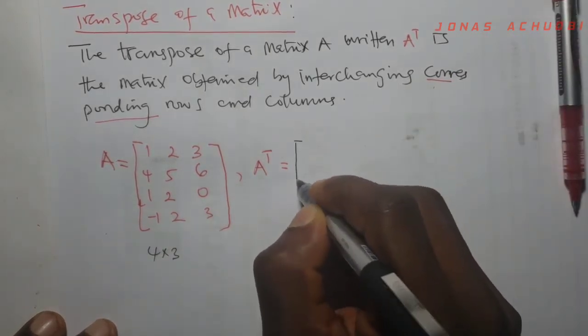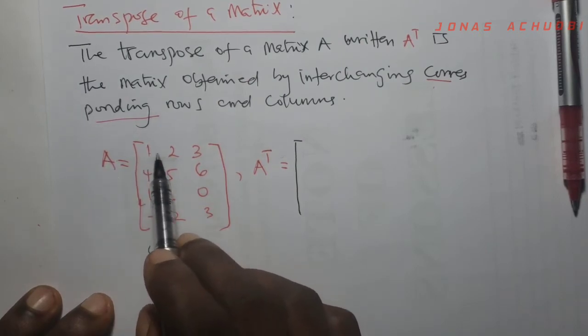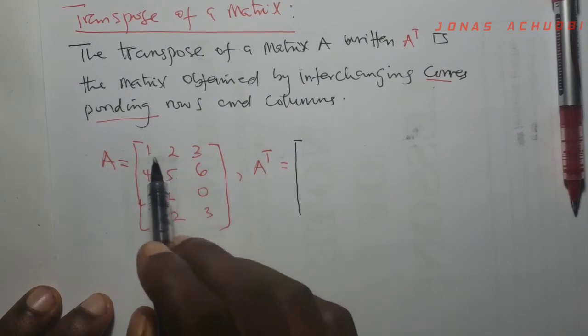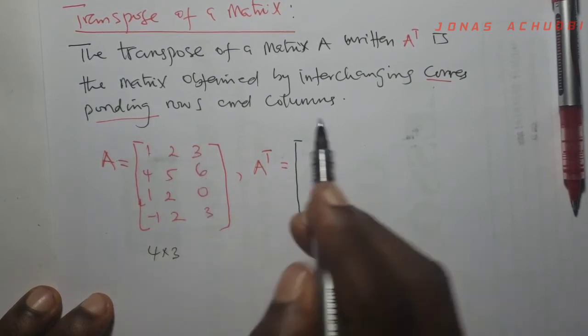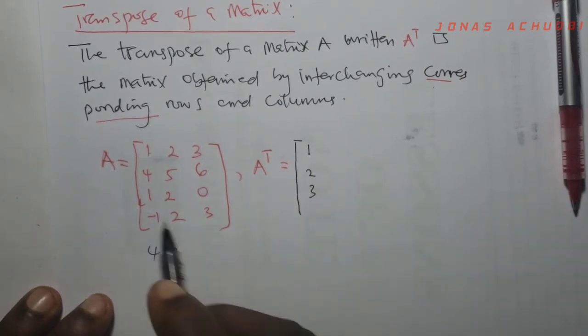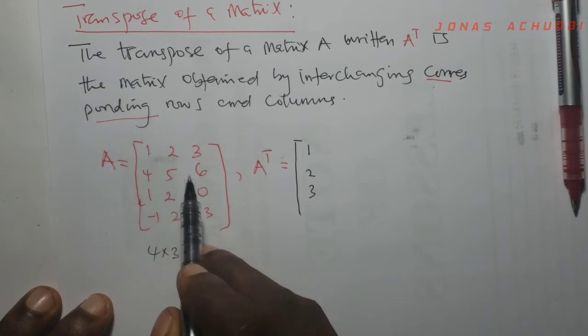So A transpose would be, A has row 1 as 1, 2, 3. For the transpose matrix, instead of being row 1, 1, 2, 3 becomes column 1. 1, 2, and 3. We go back to the first matrix A. Row 2 is 4, 5, 6.